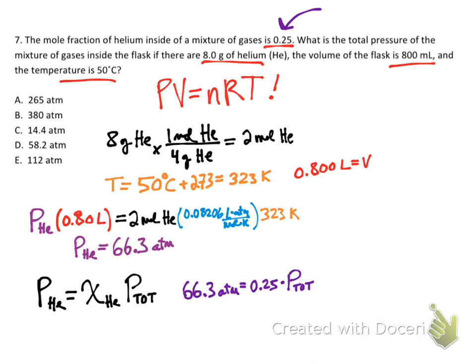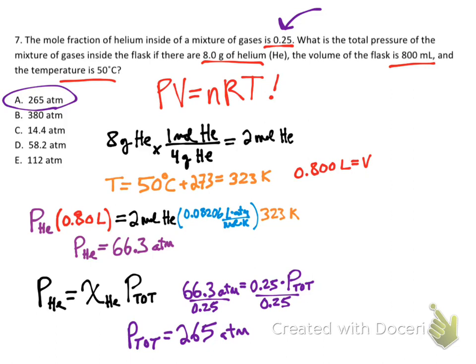We get that 66.3 atmospheres is equal to our mole fraction, 0.25, times the total pressure. So we're going to divide both sides by 0.25. Basically this means that the total pressure is going to be 4 times as great because there's 4 times as much gas in there as compared to just helium. And we'll end up getting 265 atmospheres for the total pressure.